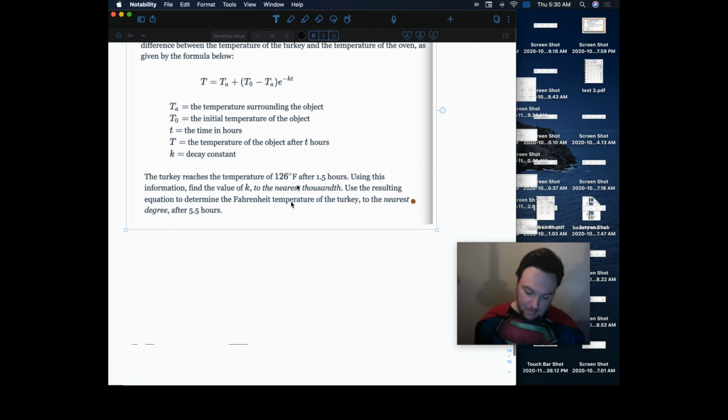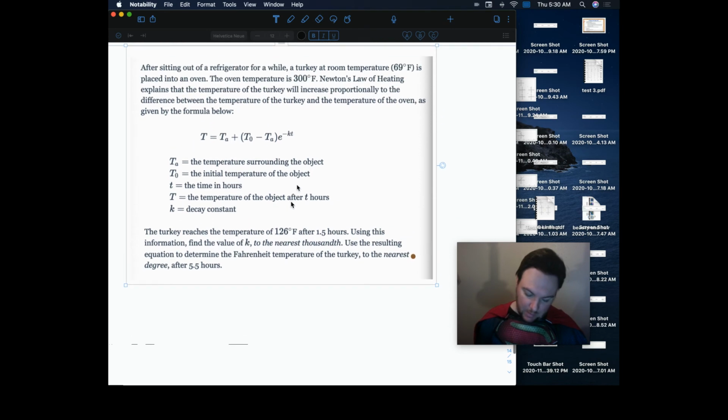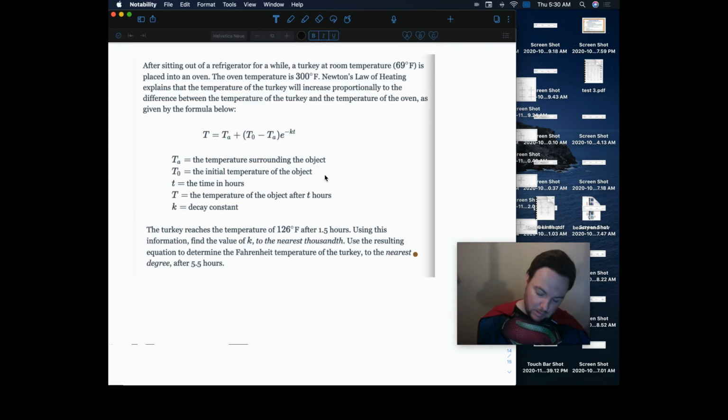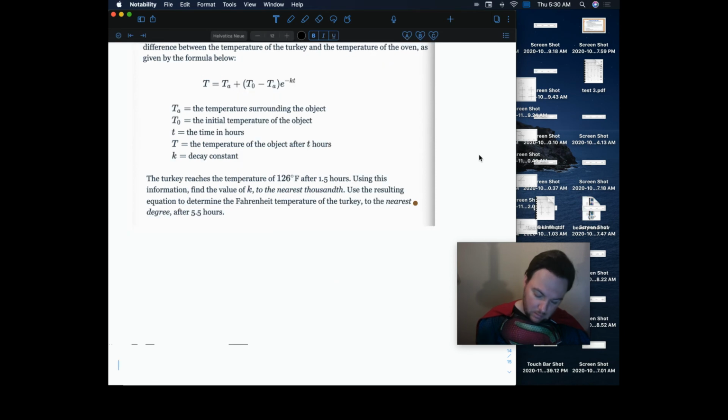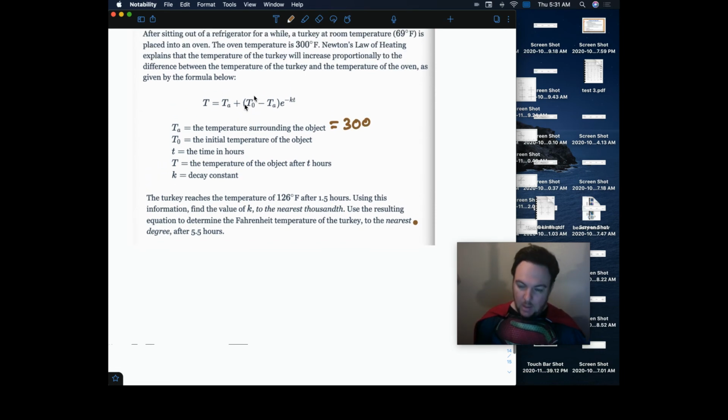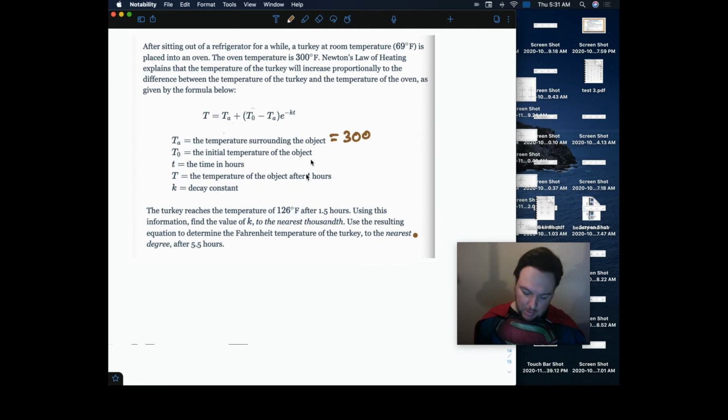All right. So we need to figure out what goes with what. So T subscript A is the temperature surrounding the object. I believe they said that the oven is 300 degrees, so this is 300. And then it says the initial temperature of the object.